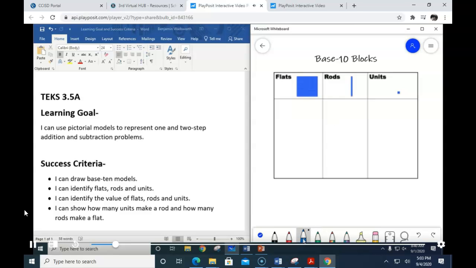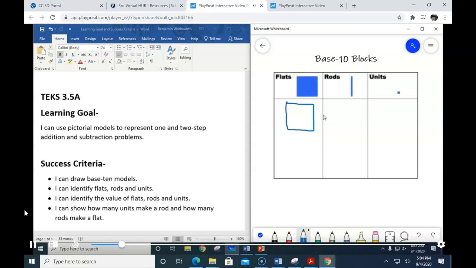So I've got my little marker down here. And a flat, as you can see, is a big square, right? So it's a big square, and it's made of 10 rods or 100 units, okay? You see all the little squares in there? So the easiest way to draw this is to draw it just like a square.